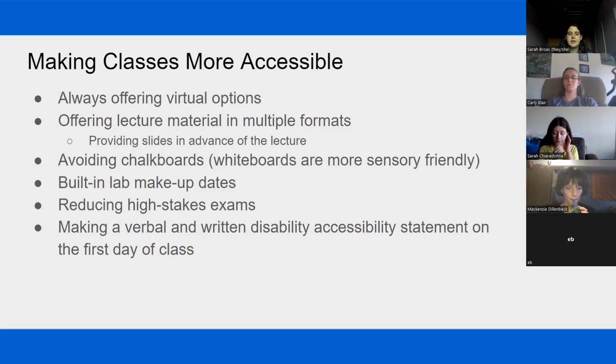And finally, making a verbal and written disability accessibility statement on the first day of class. So it's great to have it on your syllabus, but what I find is when professors include it on their syllabus, they don't actually say anything. They say, we're going to review our syllabus, and they review everything except the accessibility policy.